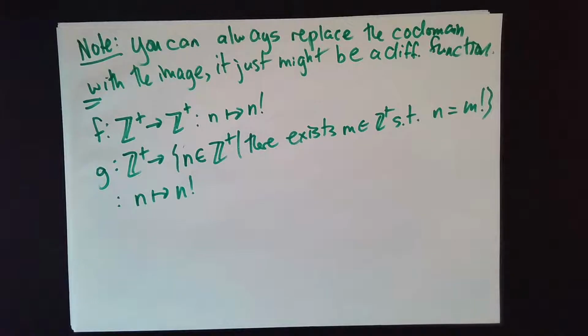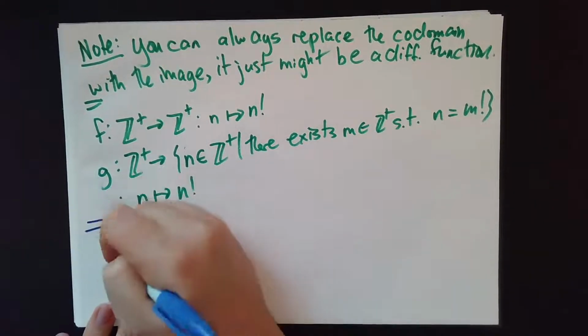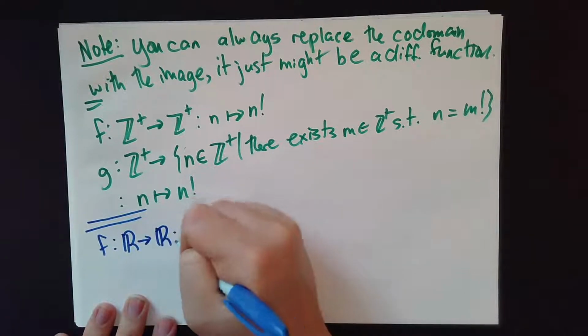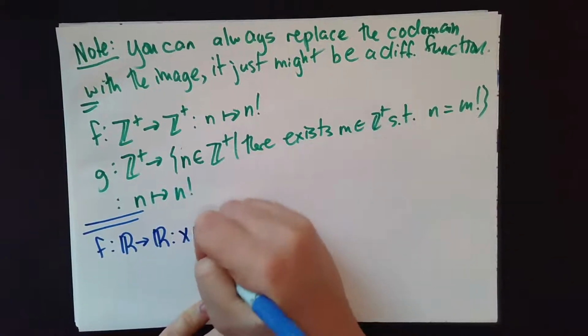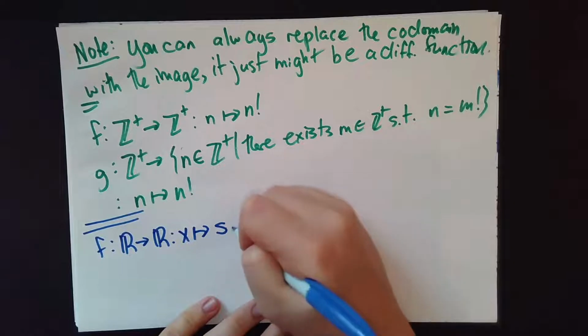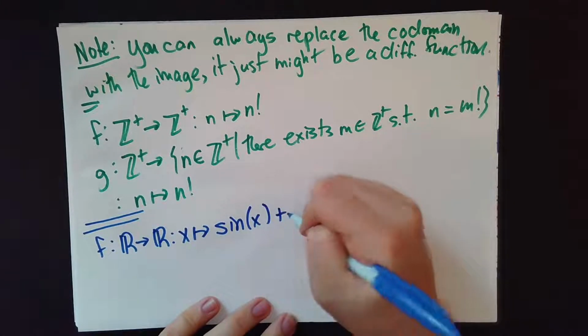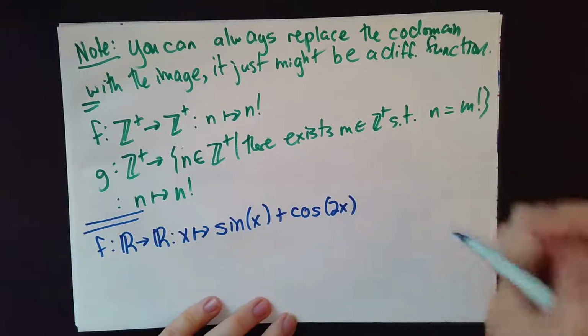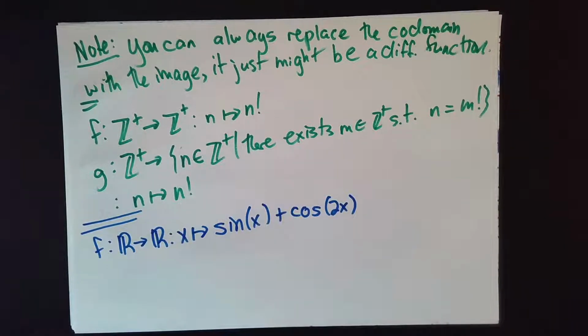So if I were to write down, let's say, I can be certain I've written down a valid function here.